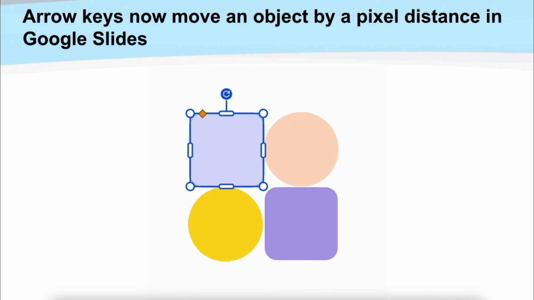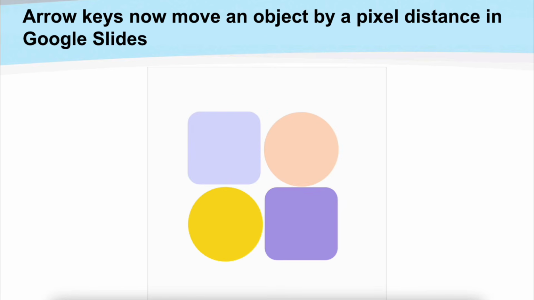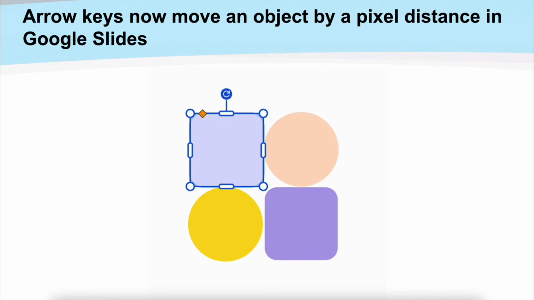Many users would have a hard time finding out how to move it pixel by pixel, where you had to hold another key as a shortcut. But now by default, when you select an object and move it with the arrows, it will automatically move it 1 pixel at a time. You can still move it in larger distances with another shortcut, but now by default it'll be pixel by pixel to get that more specific alignment with your objects.